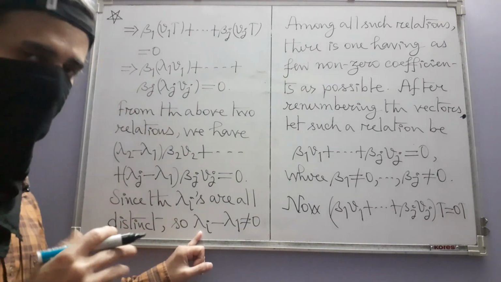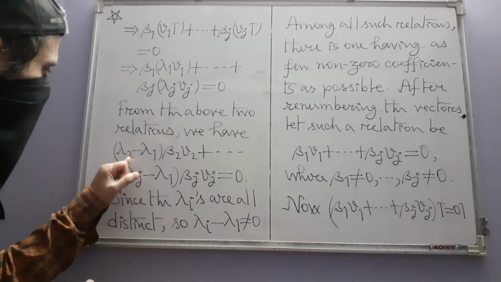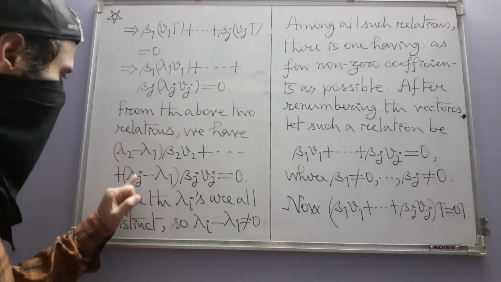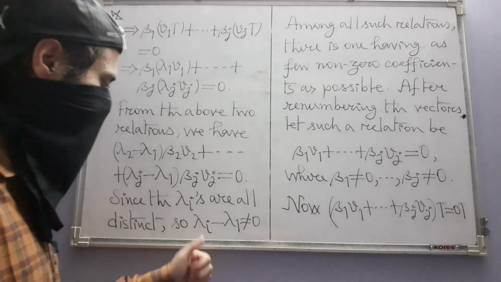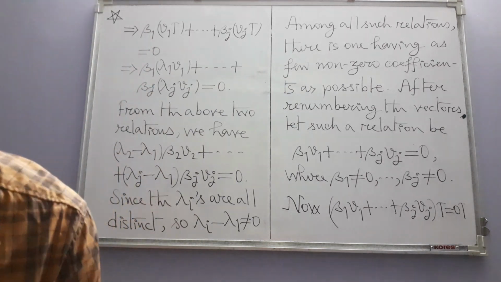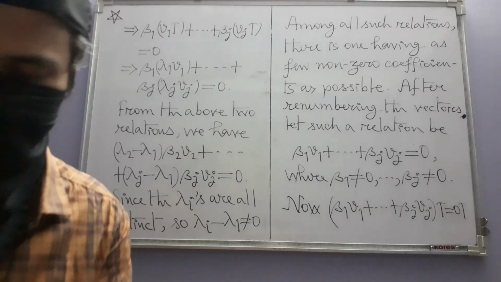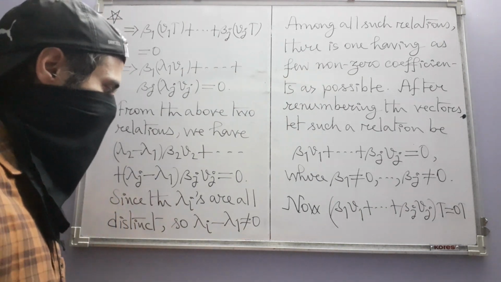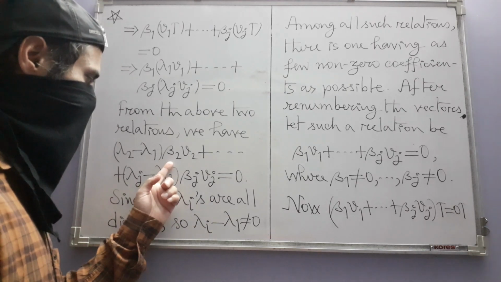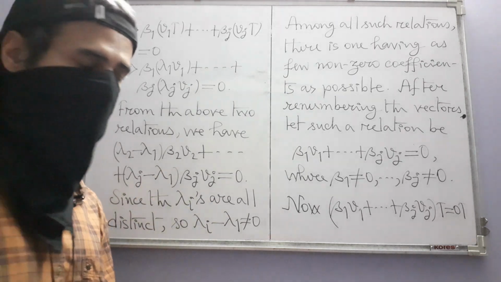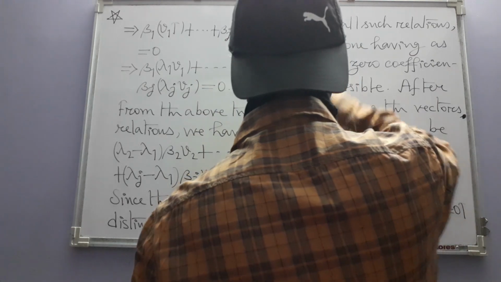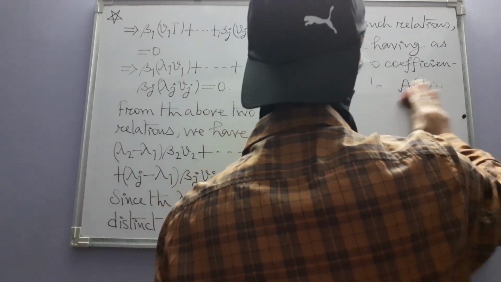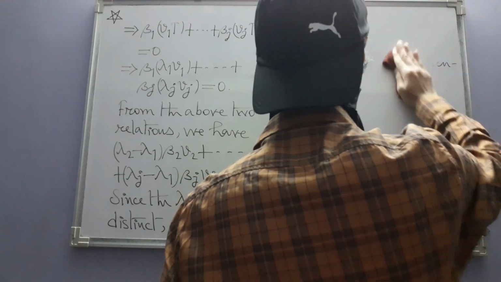Because by i, of course, I mean any index that you see here, starting from 2 and ending at j. That type of values i is taking. So lambda i is different from lambda 1. So that's why these are non-zero. But at the same time, all these beta i's are also non-zero. And we are in a field which is an integral domain, so their product is also going to be non-zero.